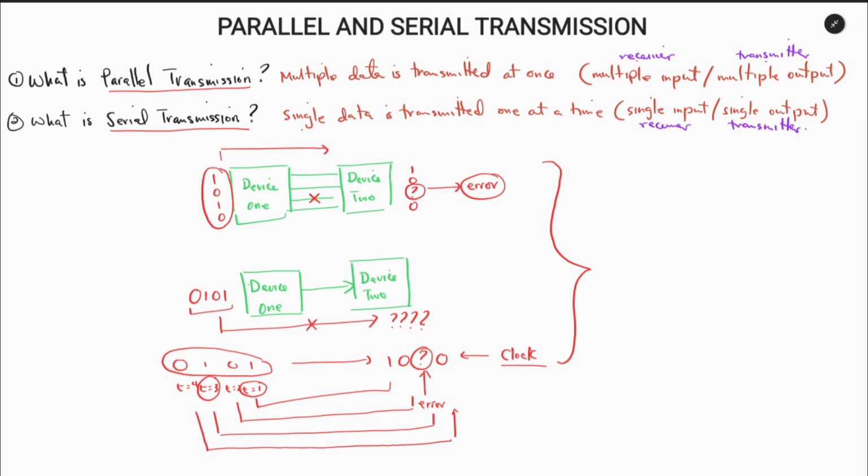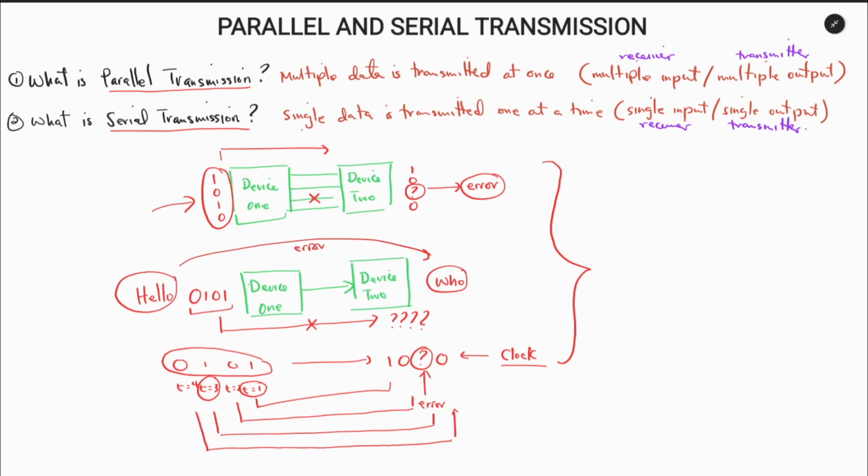If the clock is not synchronized properly, and you send information such as hello, you might get who on the other side. This who is not the original data that was sent, because of the error occurring during the transmission, since the clock may not be synchronized properly or there are some problems with the cable.